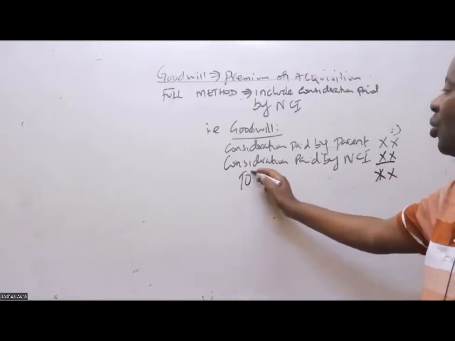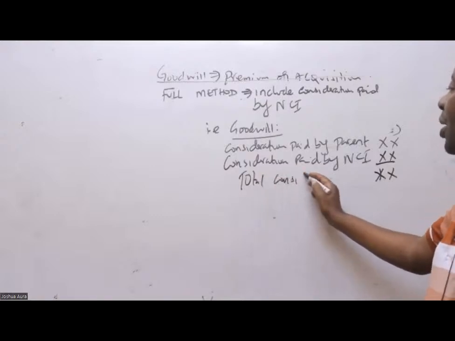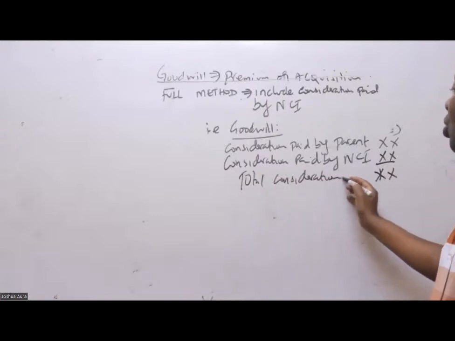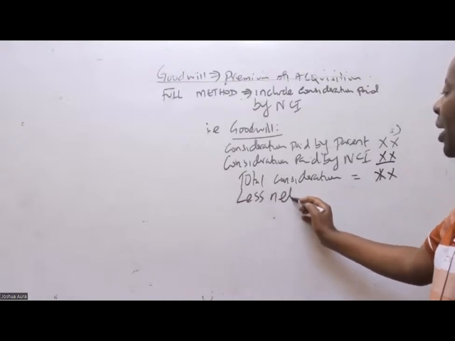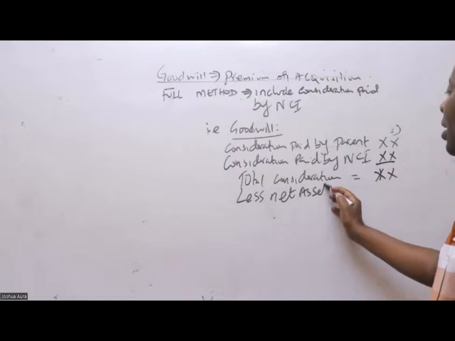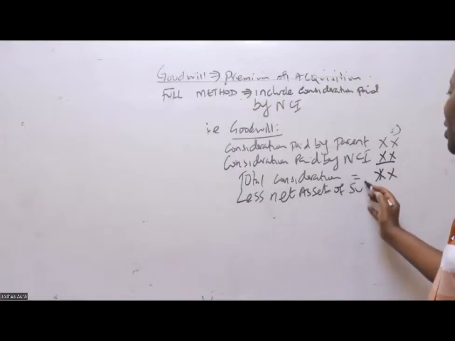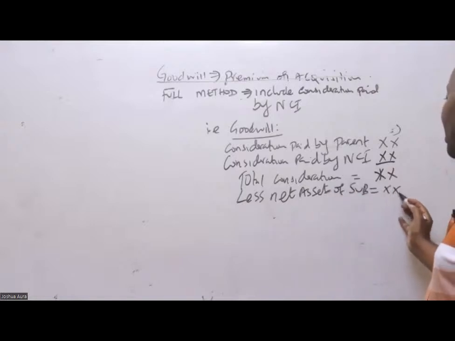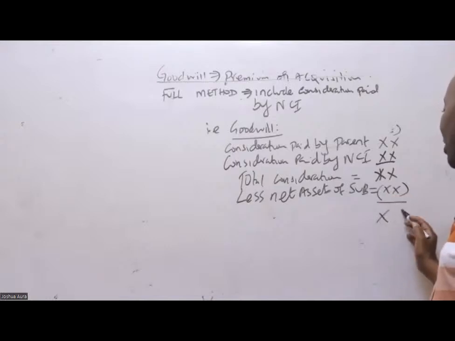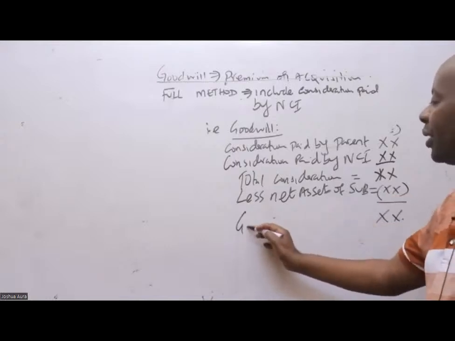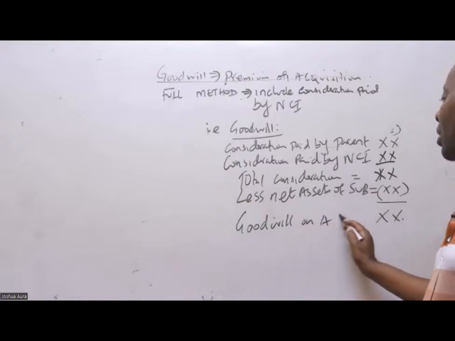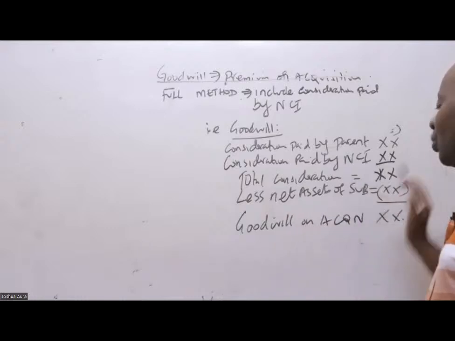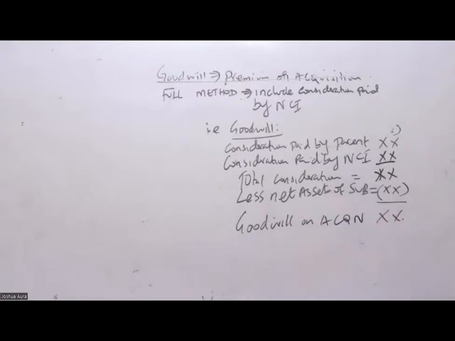From the total consideration we subtract the net assets of the subsidiary. Whatever we get here will be the goodwill on acquisition.